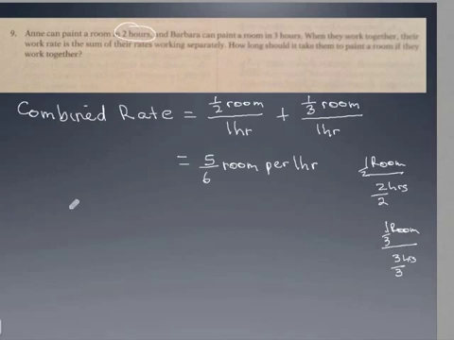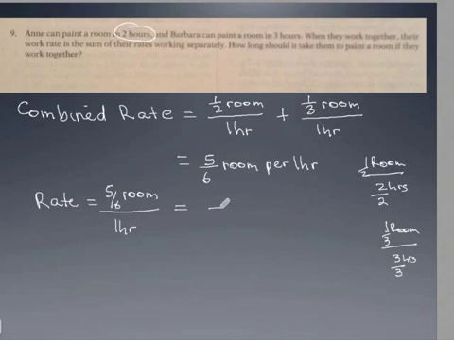Okay, now that we know the rate, which is 5/6 of a room per hour, we can set this equal to whatever they want us to solve. And in our problem, they want to figure out how long it will take for them to paint the room if they work together.